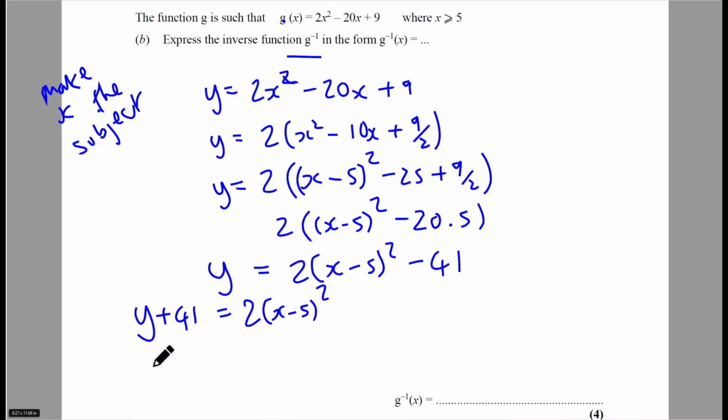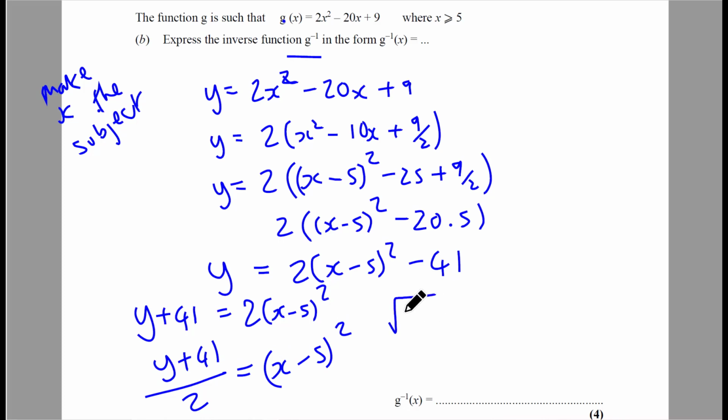2(x minus 5) squared. We know we have to divide by 2 now, so y plus 41 over 2. Remember, we've got to square root, so we get the square root of y plus 41 over 2 equals x minus 5.